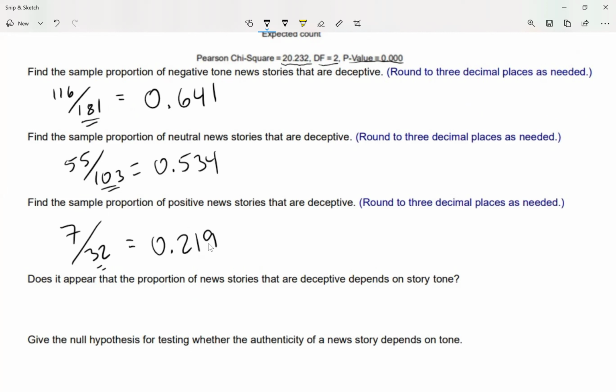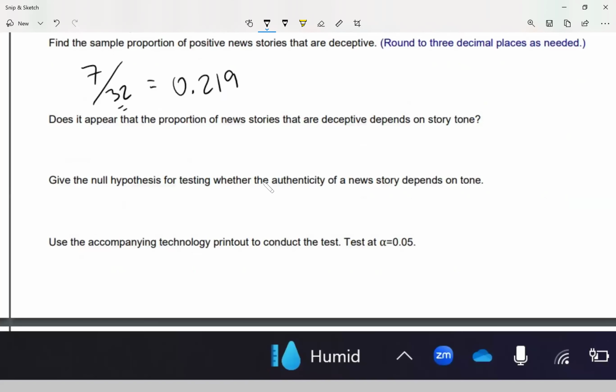And those that were positive tone, about 22% of them were deceptive. Do you see a significant difference? The big one is 64% and the small one is 22%. Do you see a significance in those? In my case, I do. So the proportion of news stories that are deceptive depends on story tone. I'm gonna say yes.